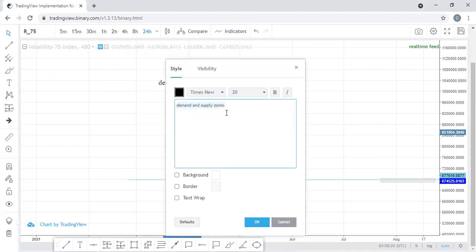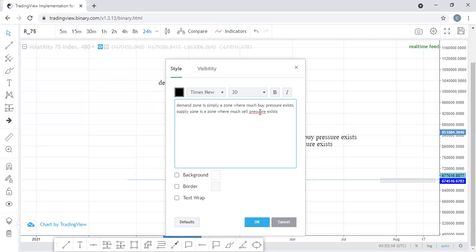So in simple terms, a demand zone is simply a zone where much buy pressure exists, while a supply zone is a zone where much sell pressure exists.